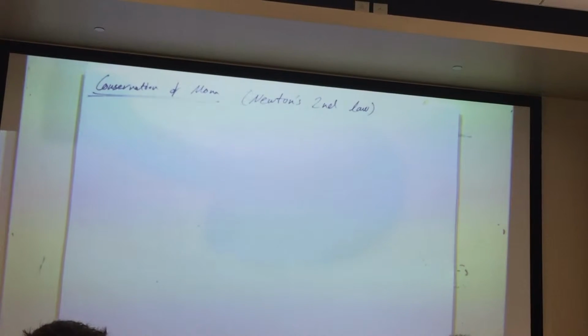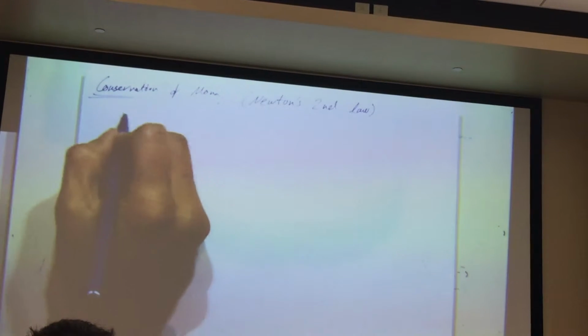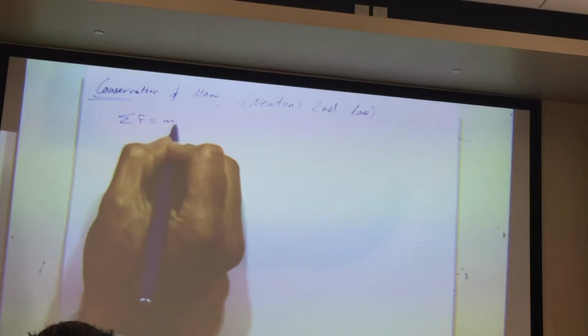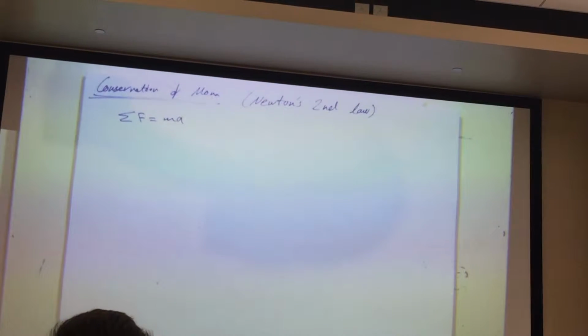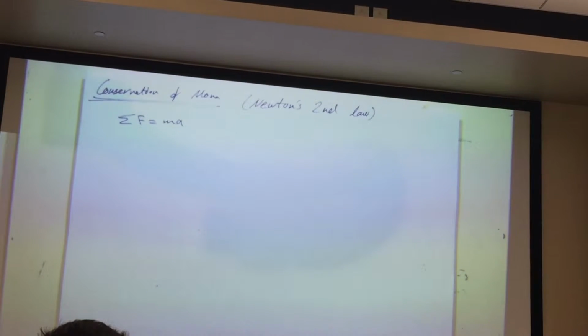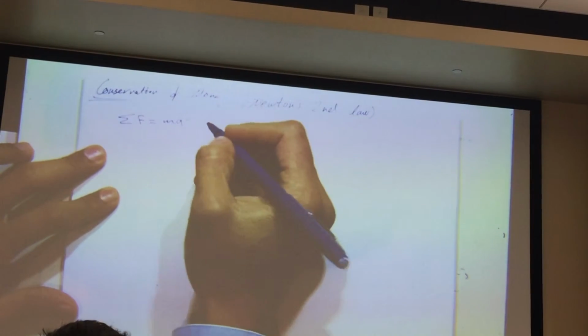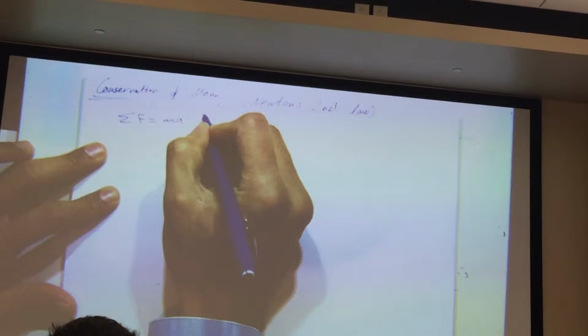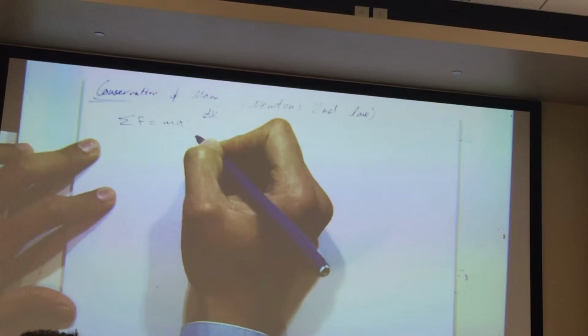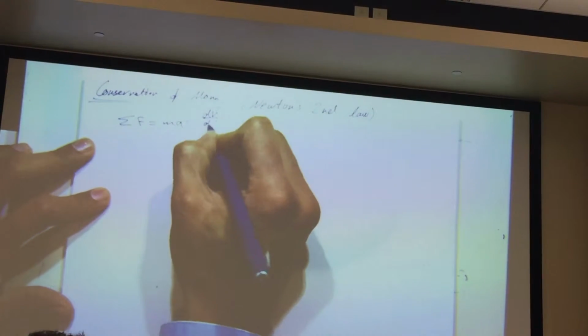Newton's second law, the sum of forces is equal to mass times acceleration. Well, what is acceleration? It's meters per second squared. So, if I think of it from the derivative standpoint, it's simply the derivative of velocity over time.